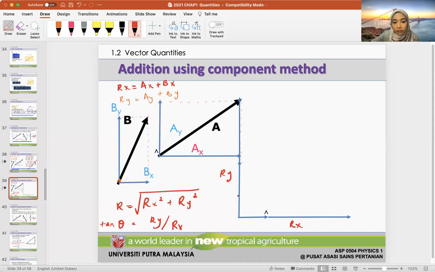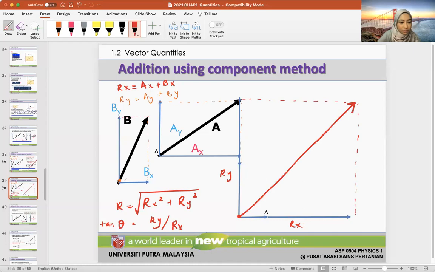If you're drawing it, Ry, so this is Ax, Bx. So the resultant should be from the tail to something that is parallel, like this.